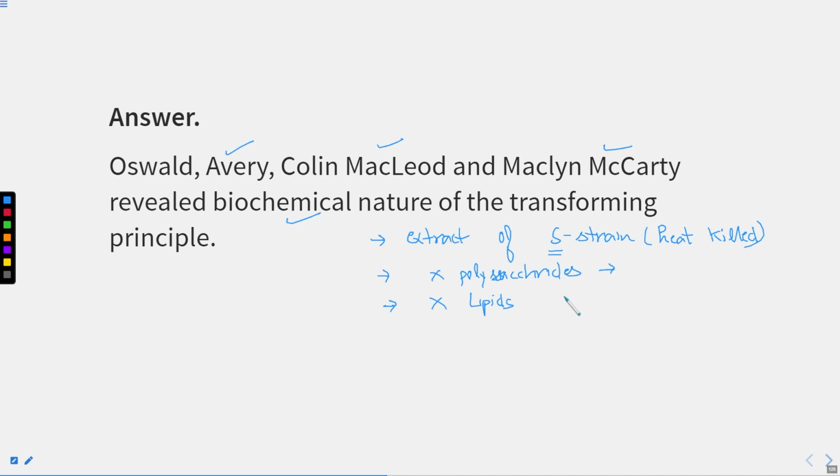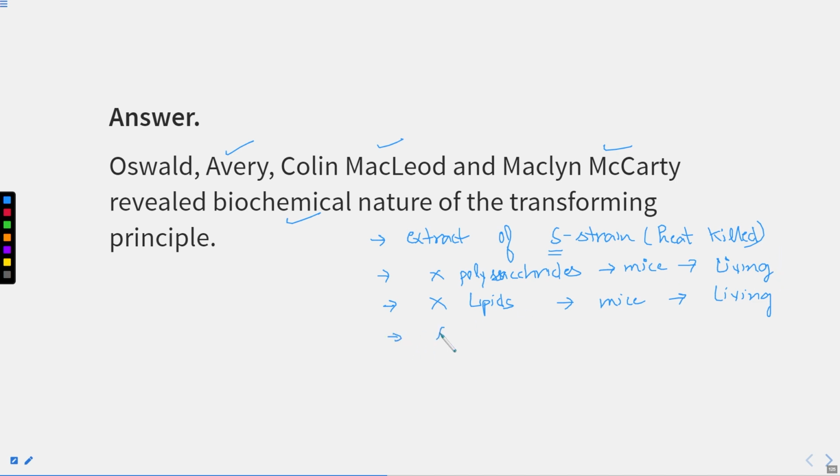And they injected this extract in mice. In this case, what will happen? Mice will be dead or alive. In this case, the mice will be living. You observe that the mice was living. In this case also, mice is living.